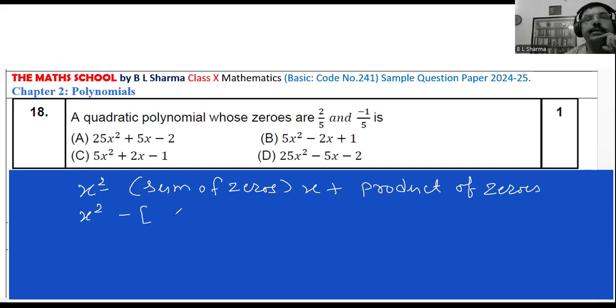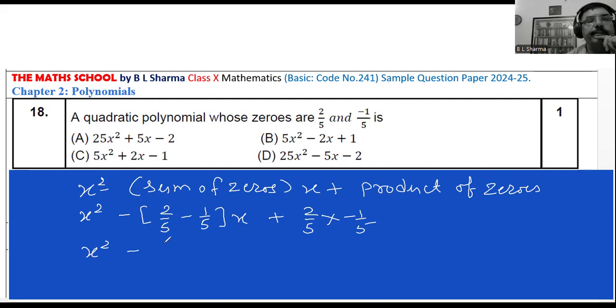So x square, 2 by 5 minus 1 by 5, that product 2 by 5 into minus 1 by 5.